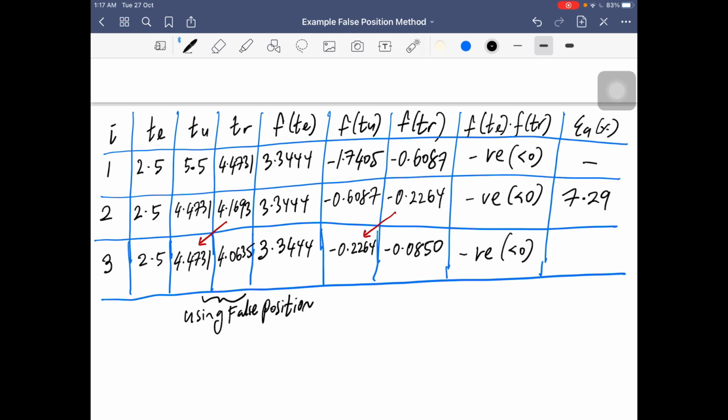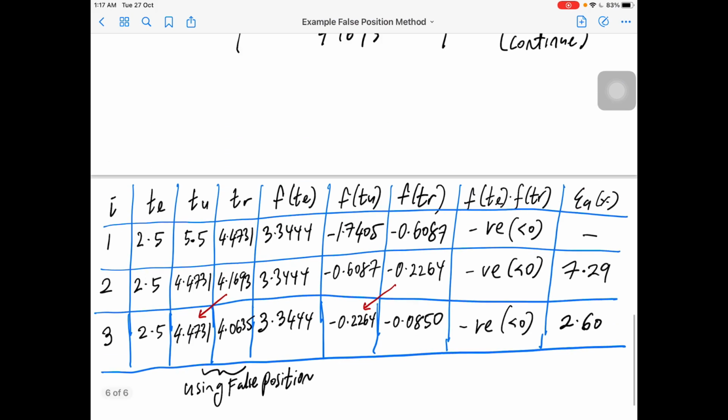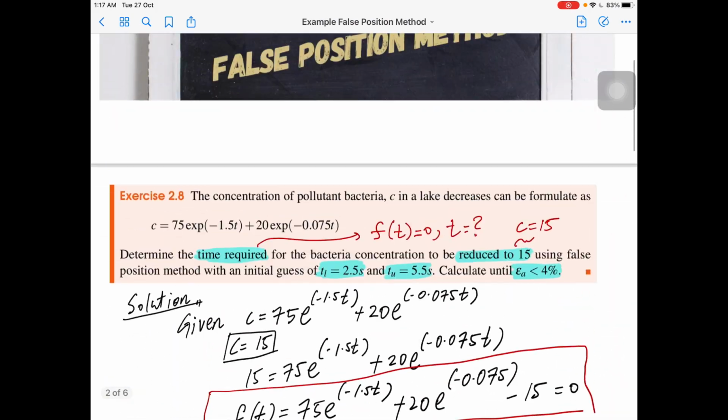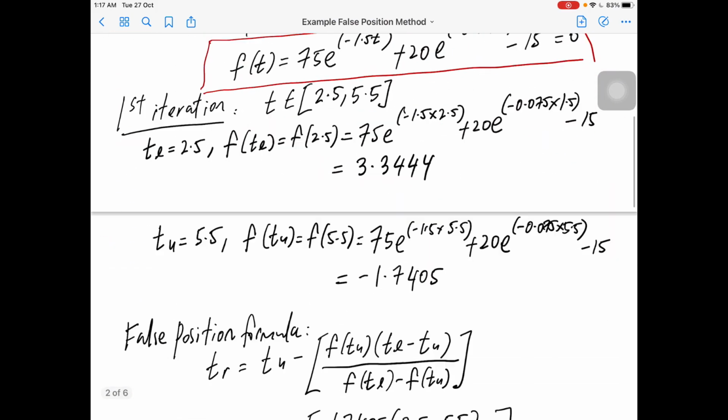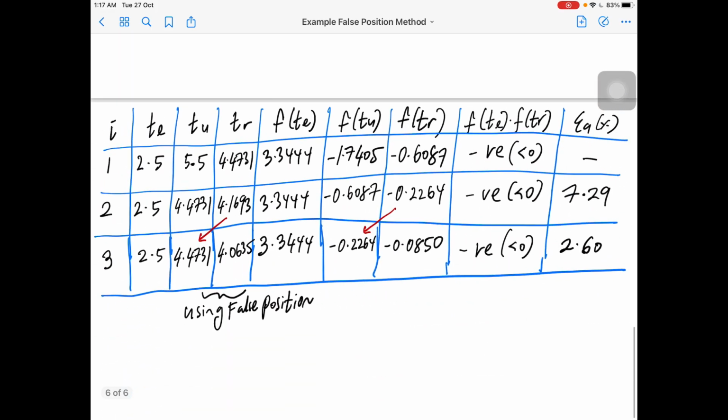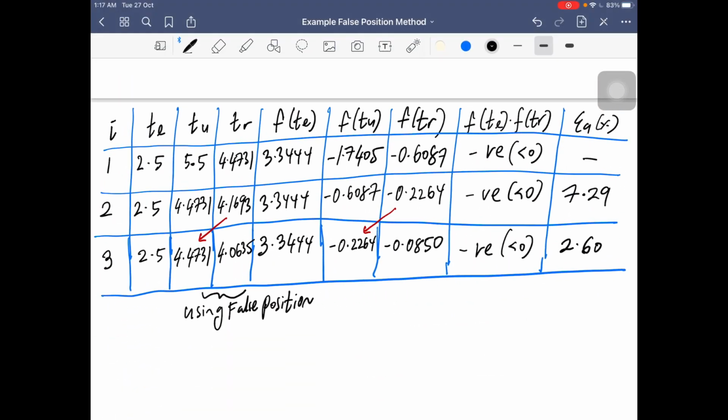Then we calculate the approximate percent relative error, and you should get 2.60. Alright, so remember our stopping criterion is 4%. Therefore this approximate percent relative error is less than the stopping criterion. Hence we can stop the computation process.